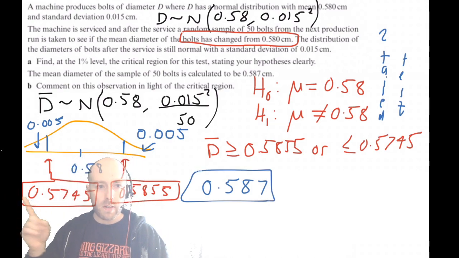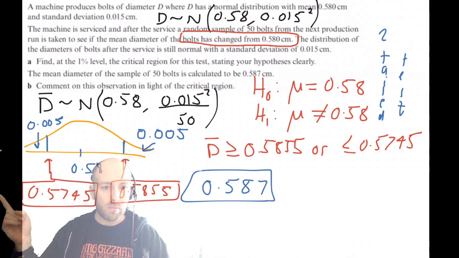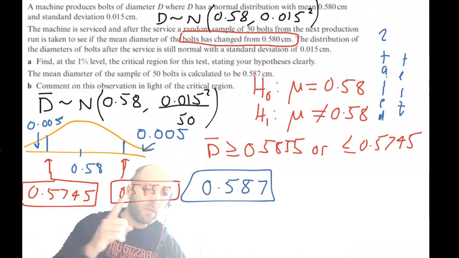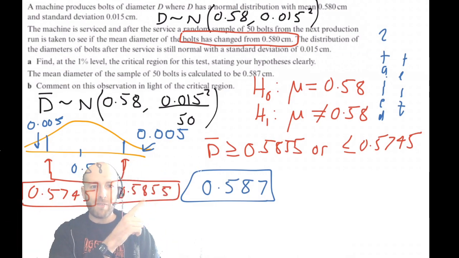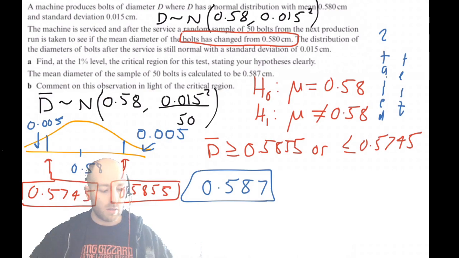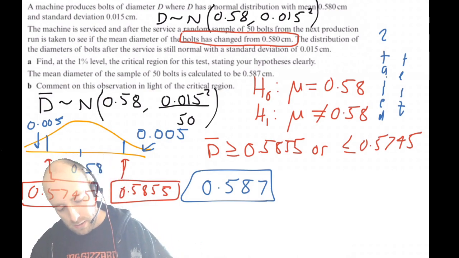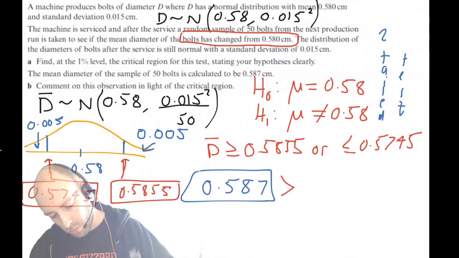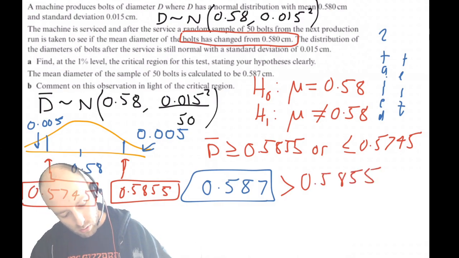Well, our critical value here was 0.5745, so it's not critical on this side. On this side, 0.5855. So 0.587 is more than this, so it's going to be up here, which is critical. So that is more than 0.5855. Therefore, critical.